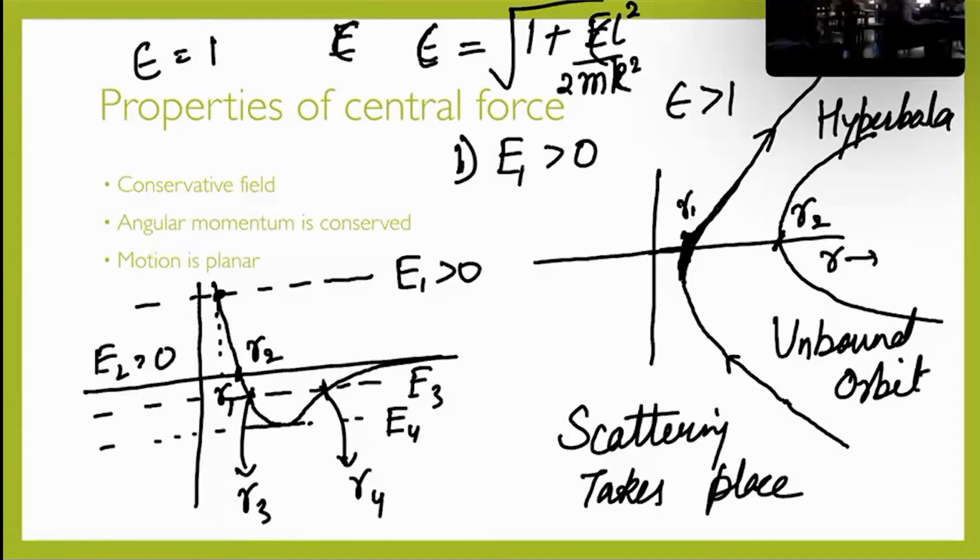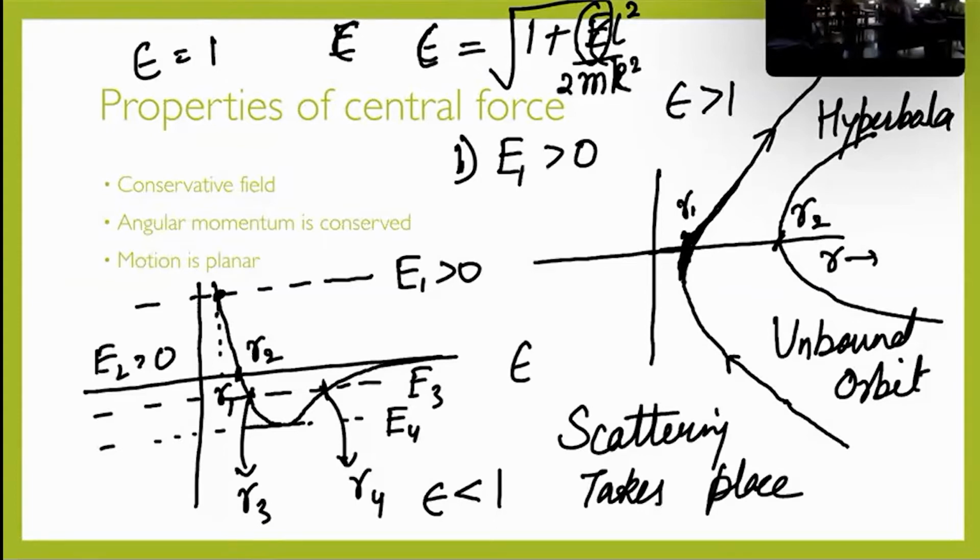When you insert the energy value here, if I plug in the value of energy as less than 0, I will be getting eccentricity between 0 and 1. Yes, eccentricity will be in between 0 and 1.